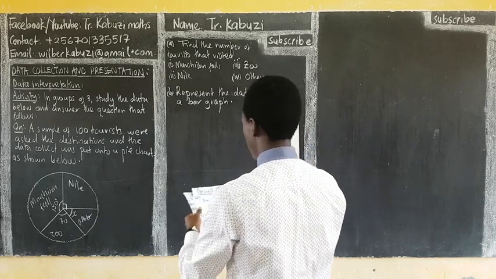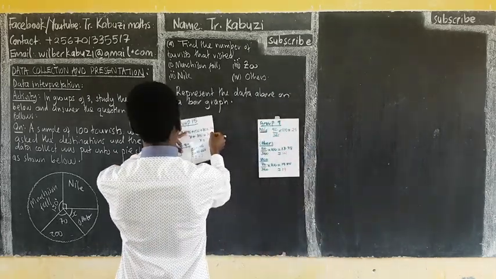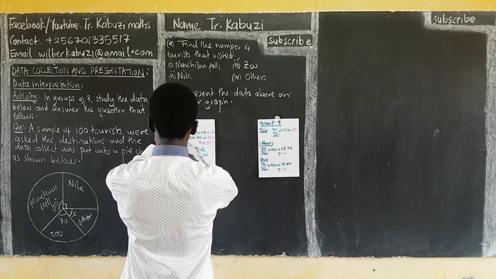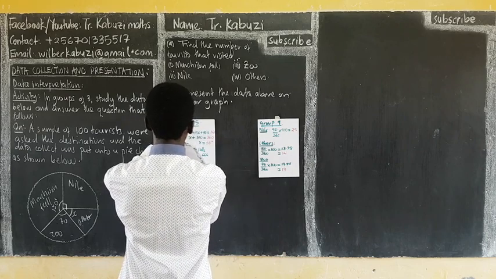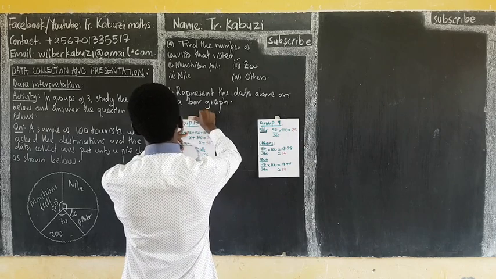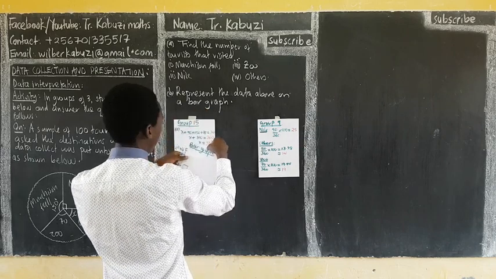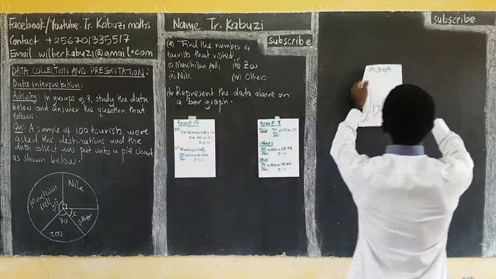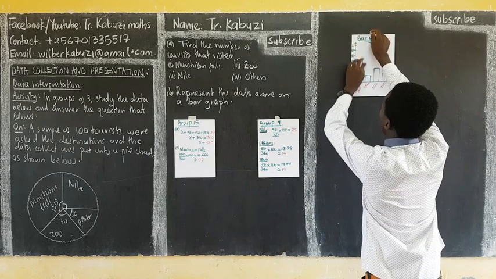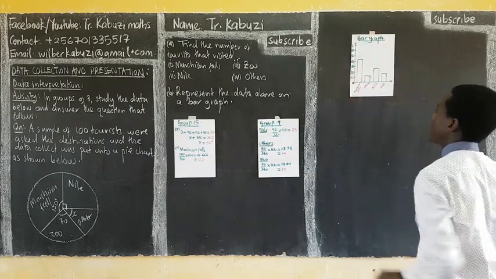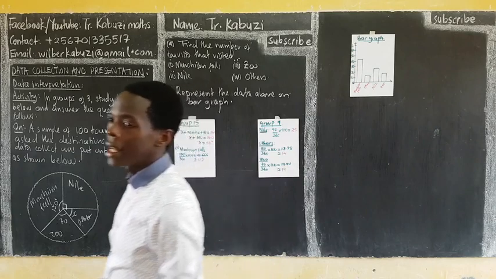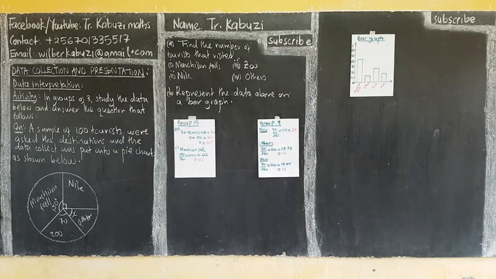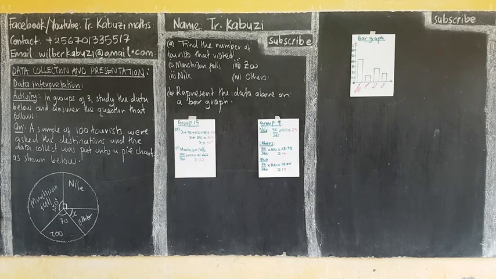Then we have group 15 here. Then we also have this one, group 9. They are drawing the bar graph there. So, the rest of us exchange work, you give the neighboring group. Let us exchange the work.